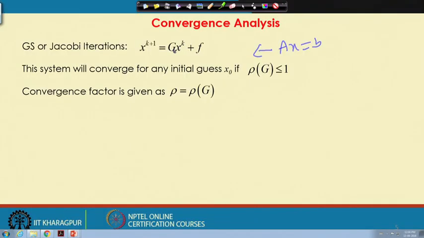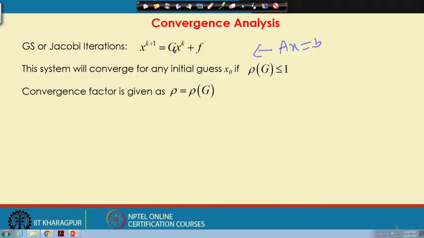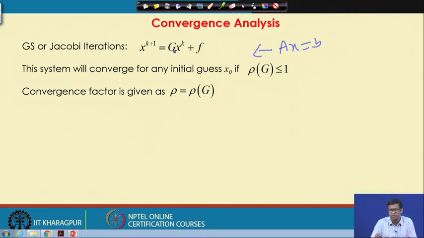G is called the iteration matrix. The system will converge for any initial guess x 0 if the spectral radius of G, or the modulus of the largest eigenvalue of G, is less than 1.